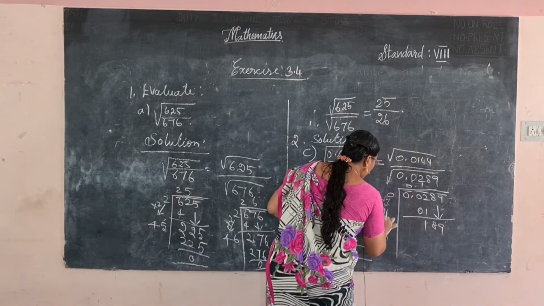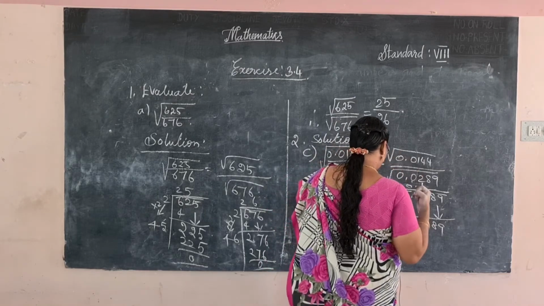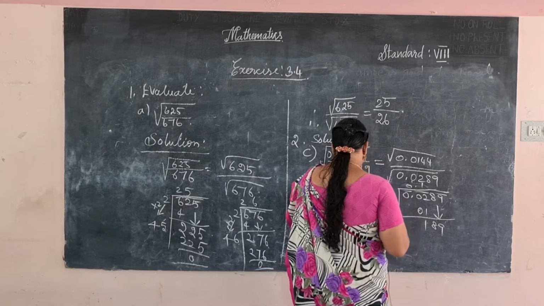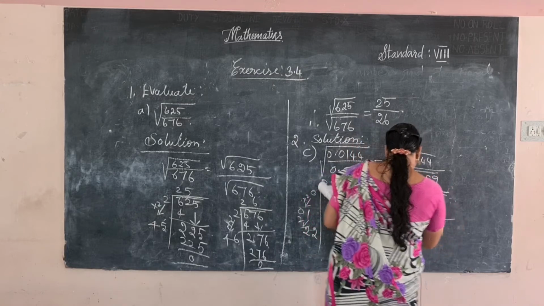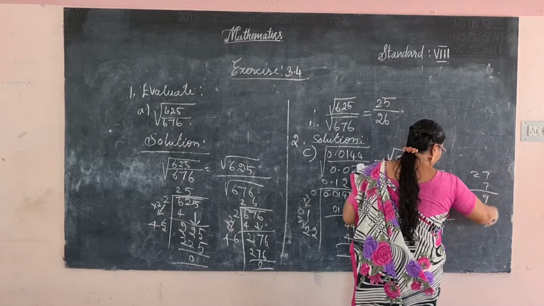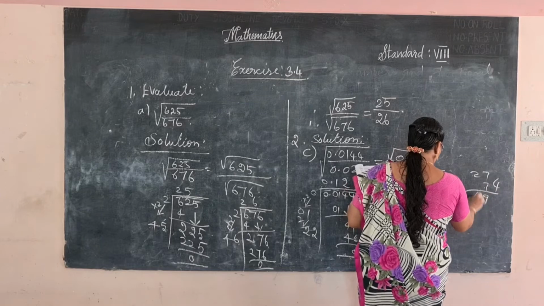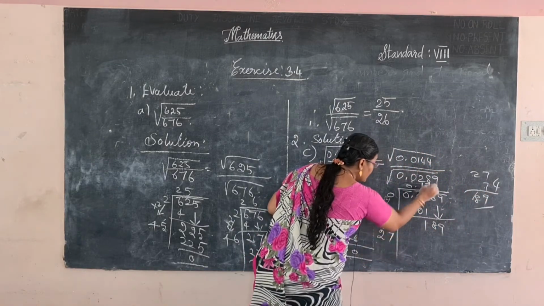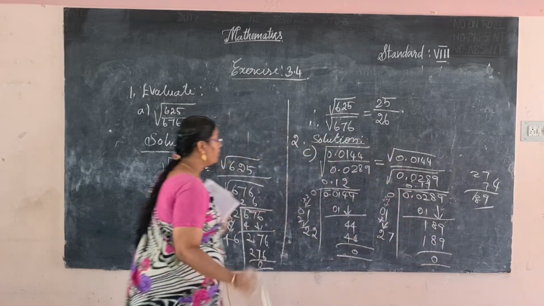This one multiply by 2, 2. 27 7s are 7 7s are 49, 7 2s are 14, 18. Okay, 27 7s are 189. So the remainder will be 0.